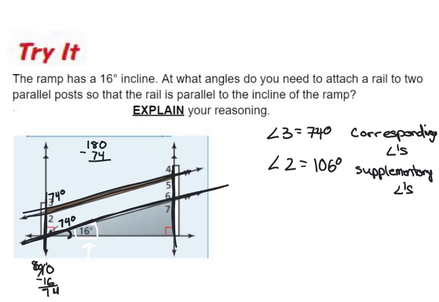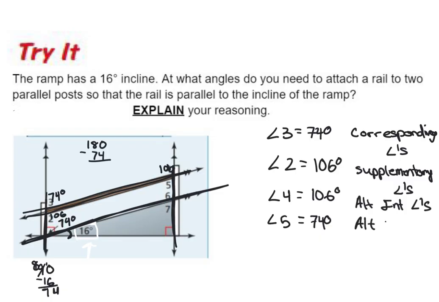Now we can find angle 4. Angle 2 was 106, so angle 4 has to be 106 because of alternating interior angles. We know that angle 5 is 74 degrees because of alternating interior angles.